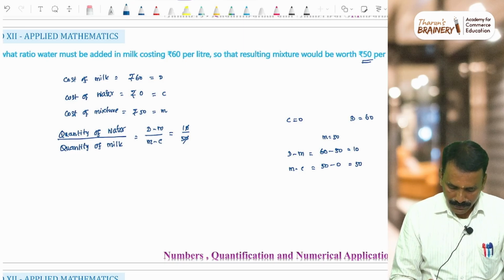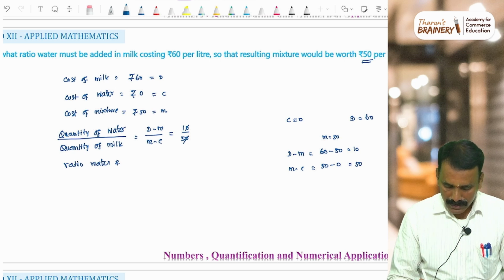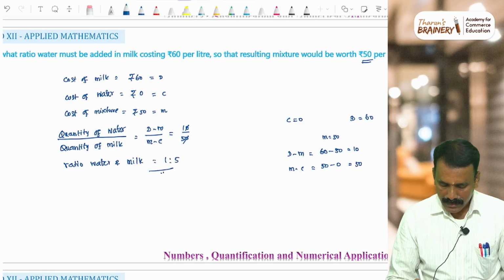So the ratio of water and milk is 1:5. This is the answer.